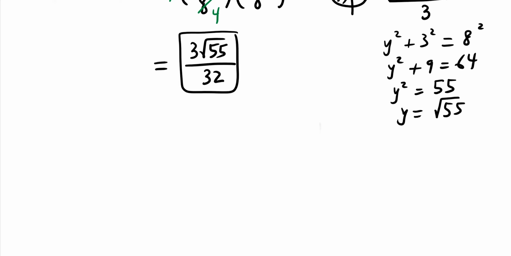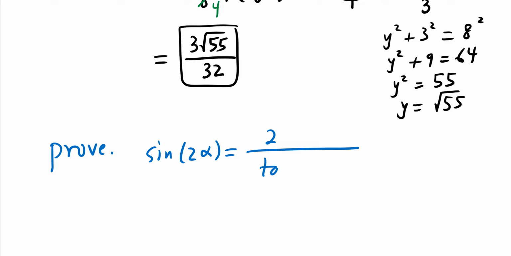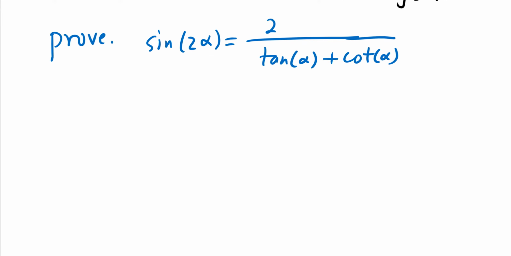Can we apply it in a different way? Maybe you can be asked to prove an identity. Prove that sine 2 alpha equals 2 over tangent alpha plus cotangent alpha. To do so, it's easier to start on the right hand side.